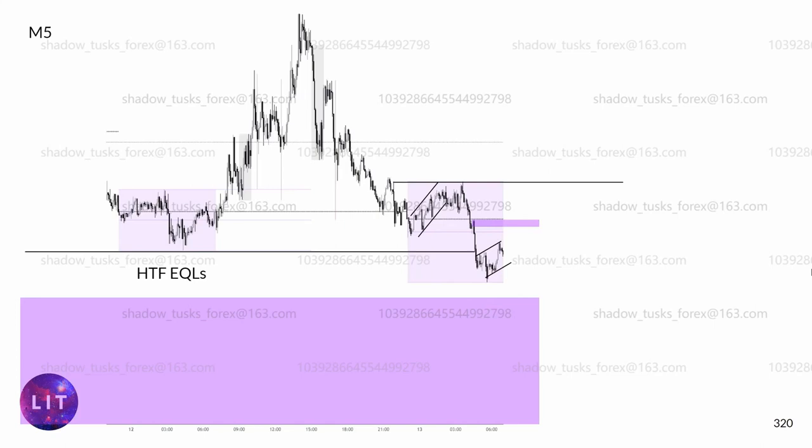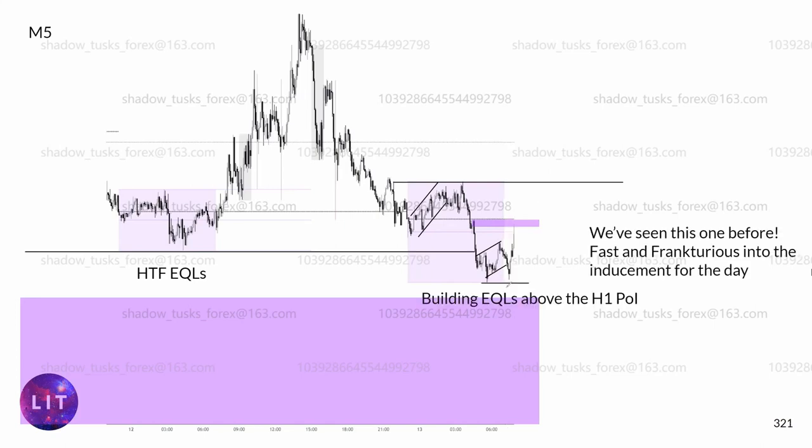So let's have a little look. And then, before we even do that, build up, inducement, but we create equal lows right above this H1 POI, making this trade that much nicer, making this trade something that we really want to look at.